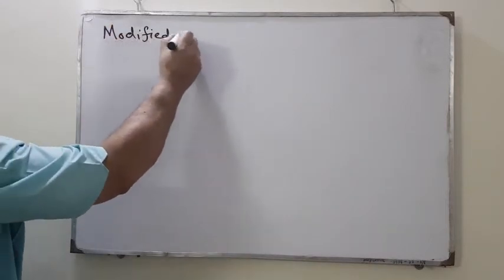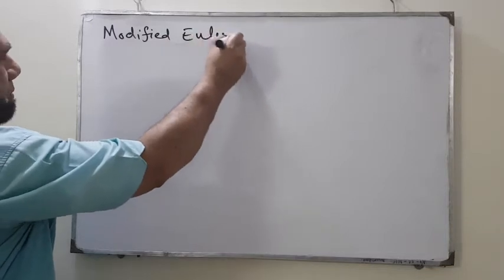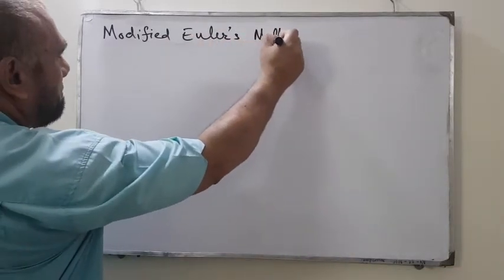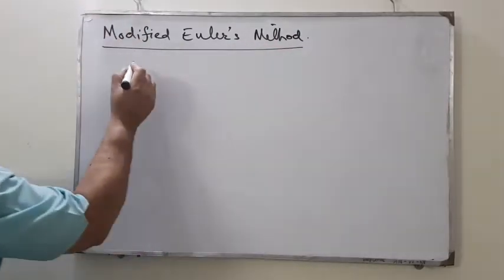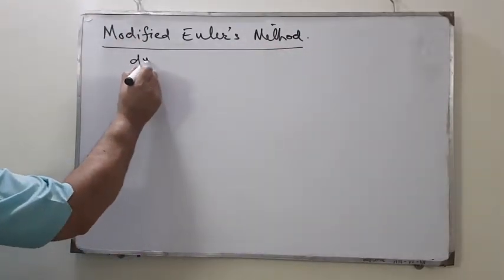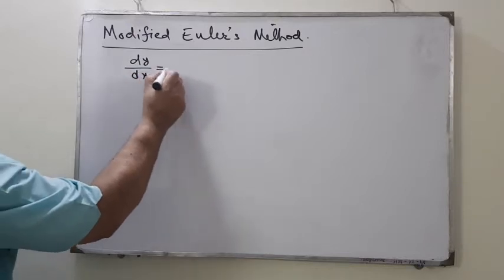The title of the method is modified Euler's method. Here we are given a differential equation of the form dy over dx equals f of x, y.